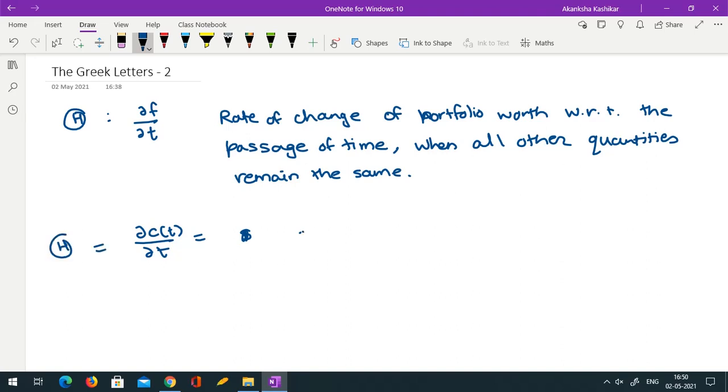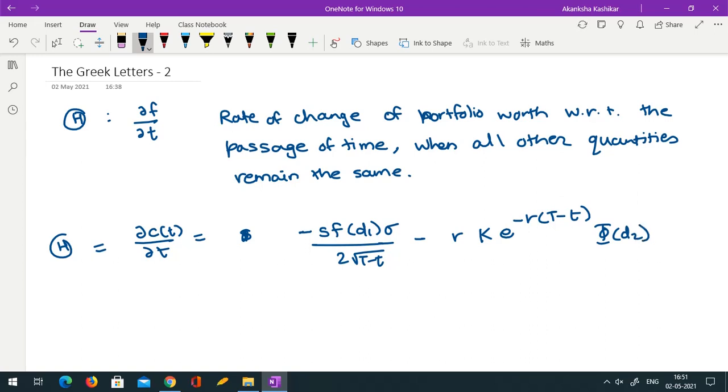Theta for a call option is minus S f(d1) sigma divided by 2 under root (T minus t), minus r K e raised to minus r(T minus t) into Φ(d2). What is this f(d1)? This is the PDF of the standard normal distribution at d1. Φ is the CDF we know, so f is the derivative of Φ, that is the PDF of the standard normal distribution evaluated at d1.